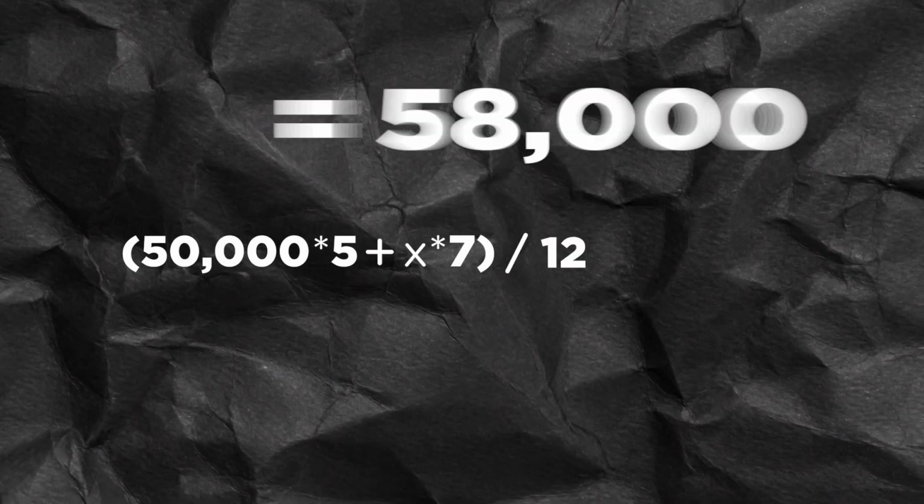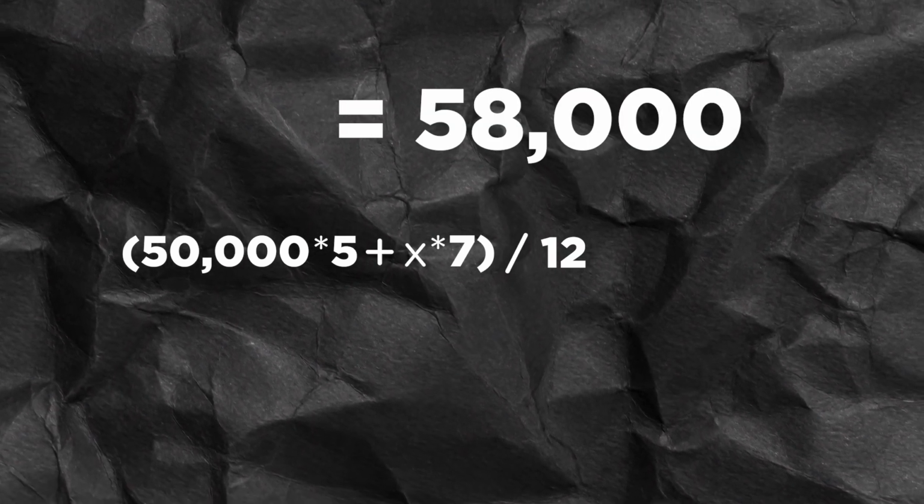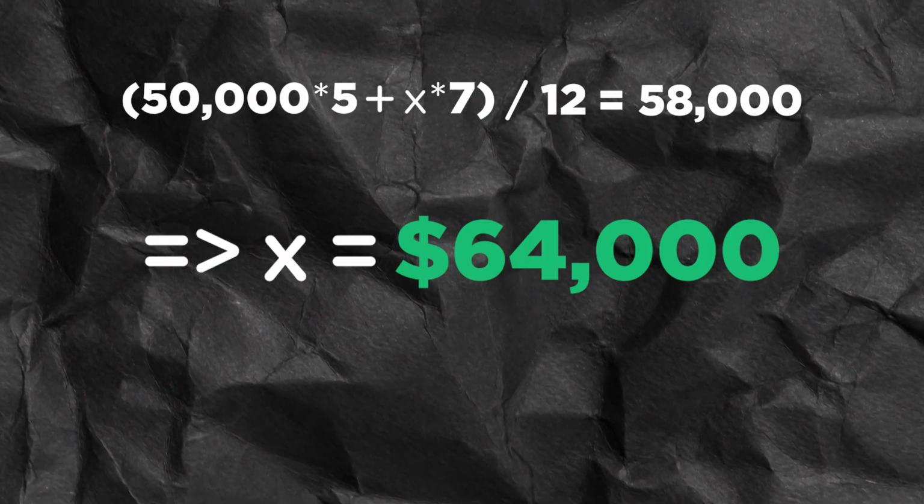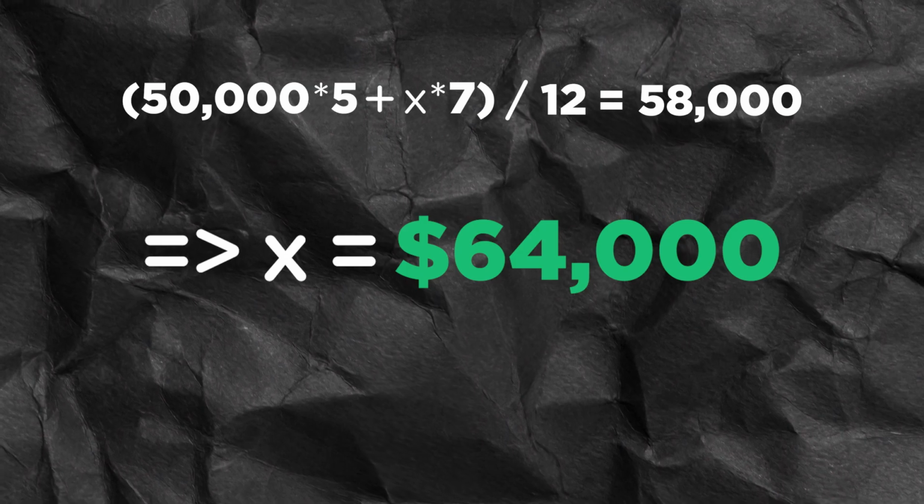June to December is actually 7 months inclusive, and such that it averages to be $58,000 of property tax for the entire year. So you do some math, which is 50,000 times 5, which is 5 months already, plus 7 more months times the accrual number X, the whole thing divided by 12, is equal to $58,000. And solving for X gives you about $64,000 that you need to accrue starting in June.